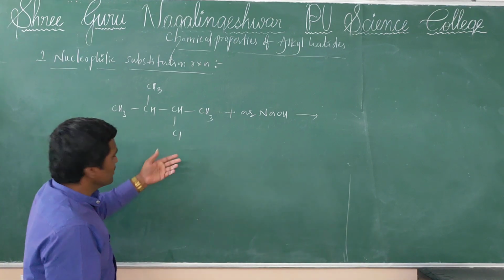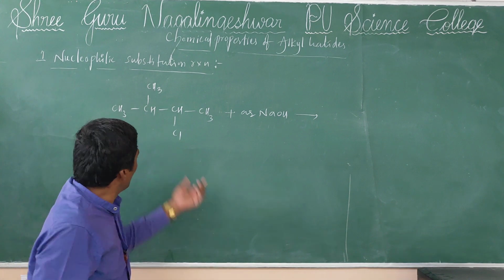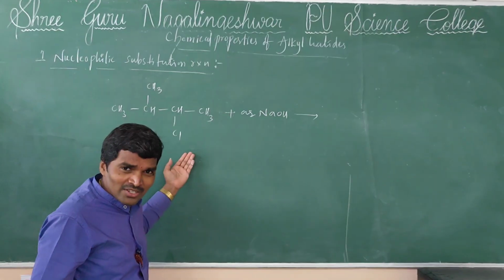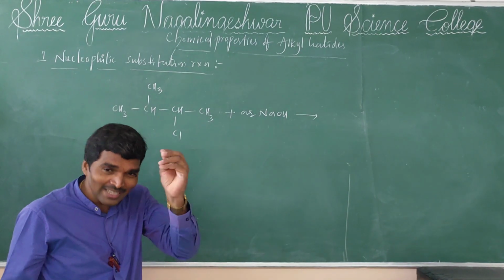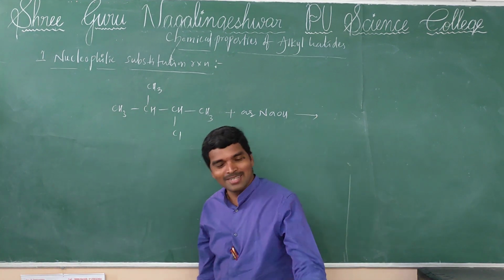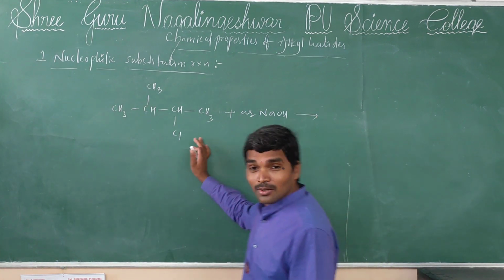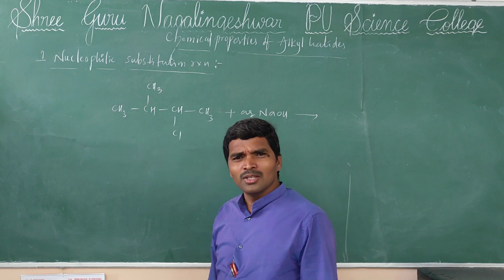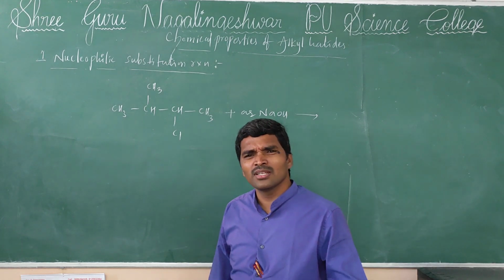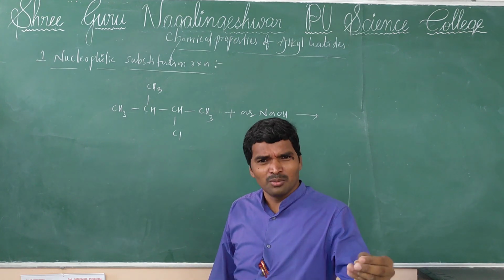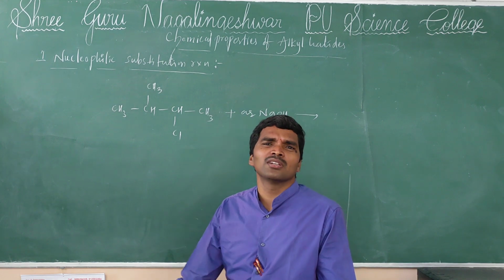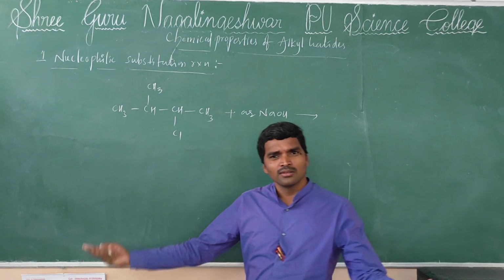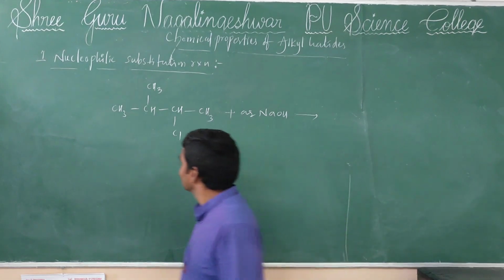You are thinking, already told us, where the chlorine is there, only OH is attached. That only you are thinking? It's absolutely wrong. 100% wrong. See, this type of compounds are very important. Competitive level means abnormal properties, say competitive level questions. If you know that thing, we can crack the competitive exam.